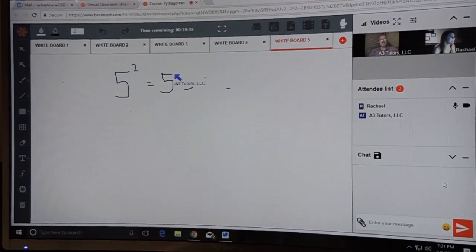Good observation. Yeah, like 5 to the second power could be the opposite of the square root of 25. So if I write that, okay, what is the square root of 25? I'm going to let you write it in over here.